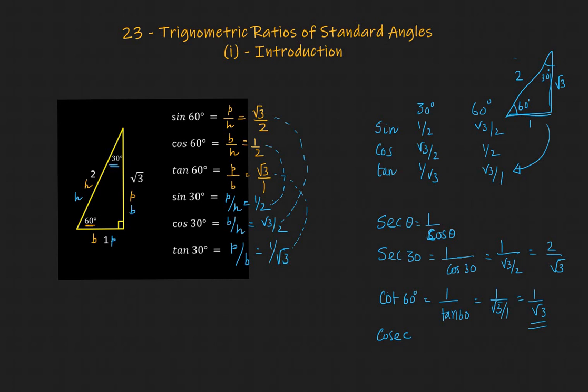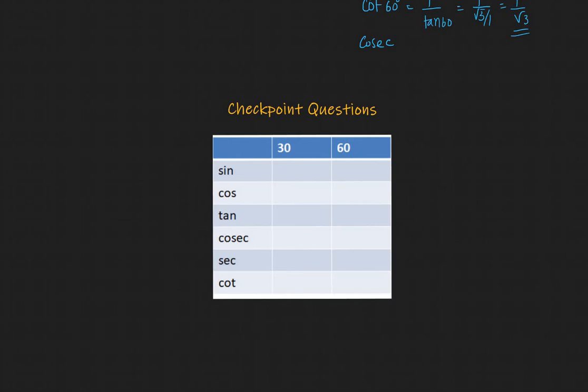Before we wind up this video, let's do a quick checkpoint. Here are the checkpoint questions to find the values of sine, cos, tan, cosecant, secant, and cot. It'd be nice if you can start from the basic triangle and deduce all these values.